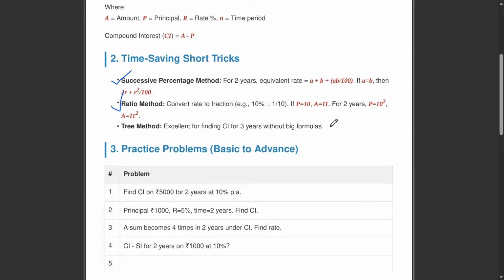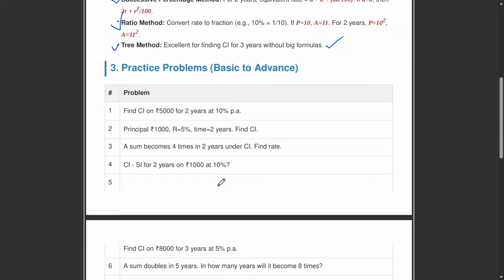And in the ratio method, convert rate to fraction. Example, 10% equals 1 by 10. So if P equals 10, A equals 11 for 2 years. For 3 years, P equals 10 cube, A equals 11 cube. And the P method, without these formulas. So I'm going to explain the P method.